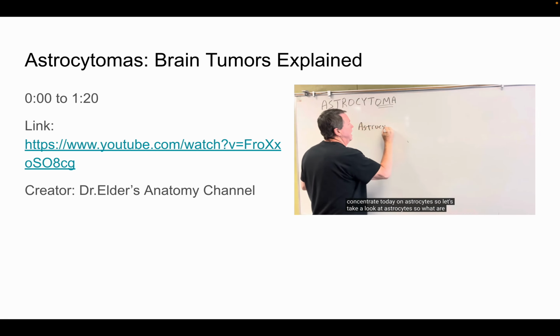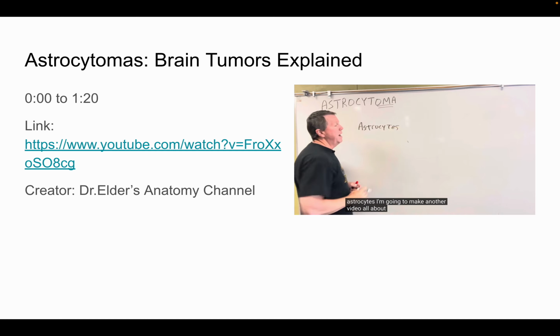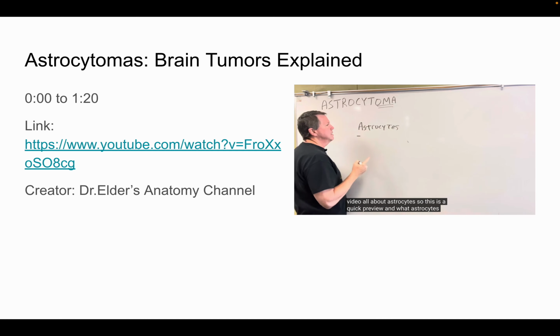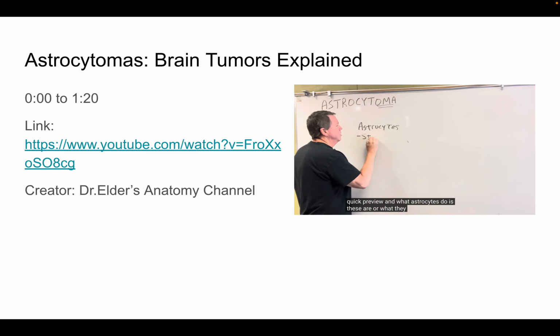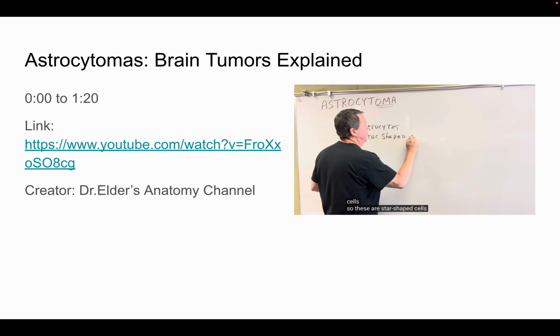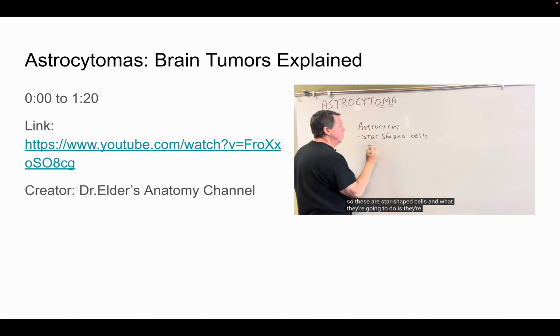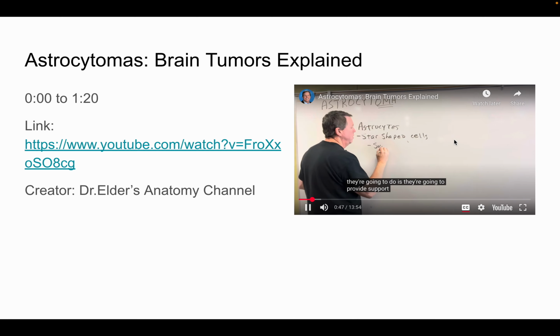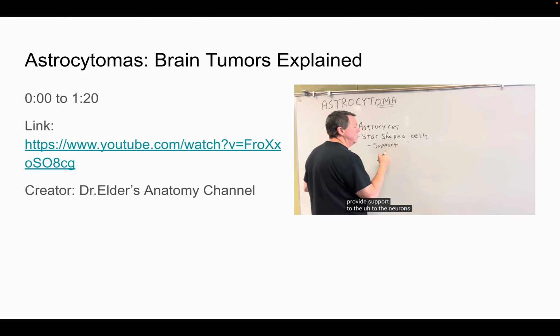So what are astrocytes? I'm going to make another video all about astrocytes, so this is a quick preview. Astrocytes are star-shaped cells, and they provide support to the neurons in the nervous system.